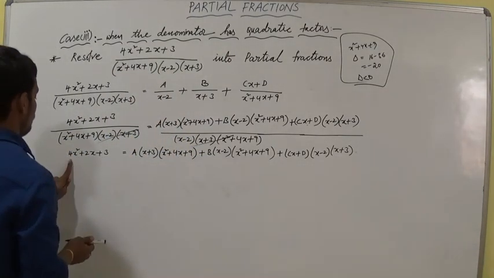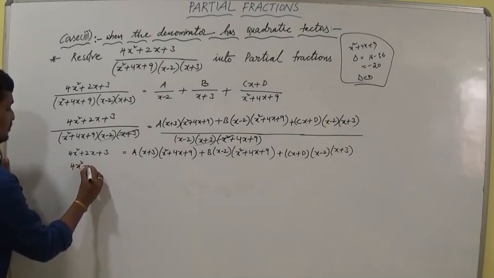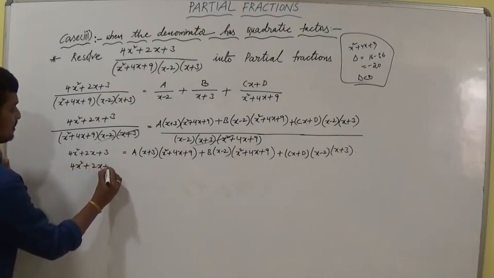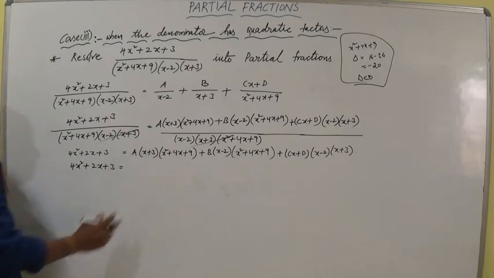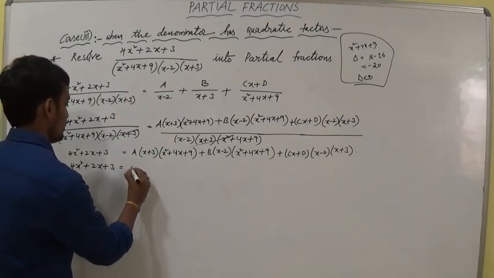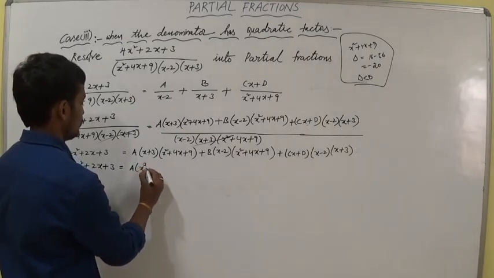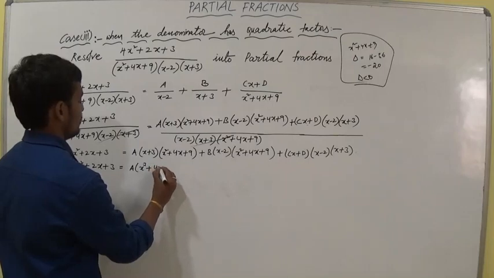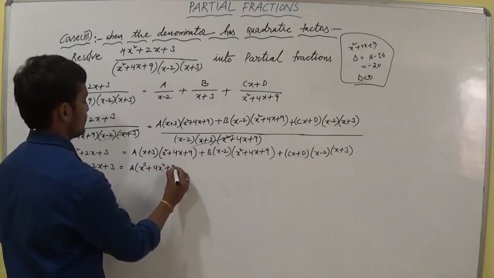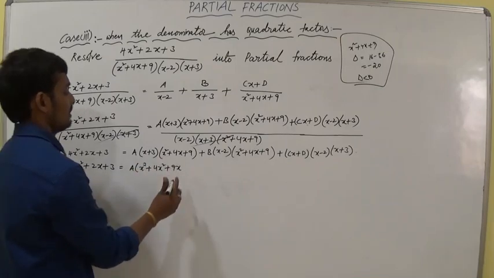Here 4x square plus 2x plus 3 is equal to, we can multiply, we can split. That means A into x square, x cube, plus multiply 4x square plus 9x, x cube, 4x square, 9x.